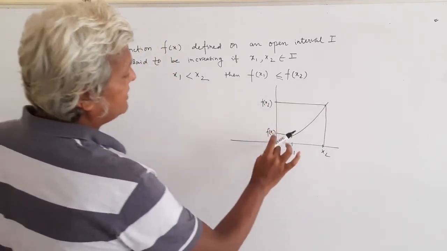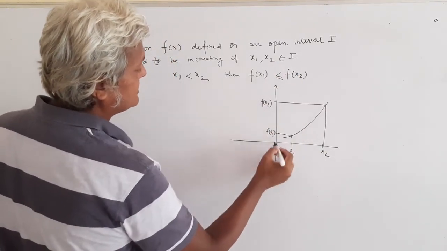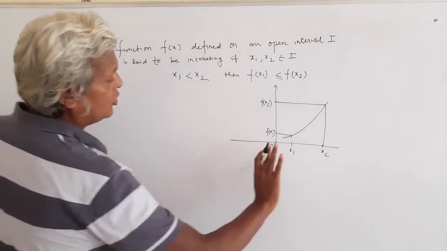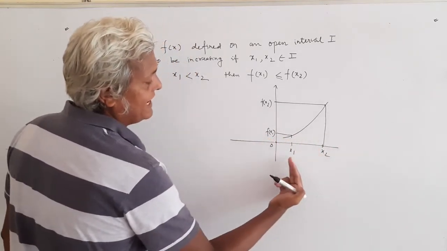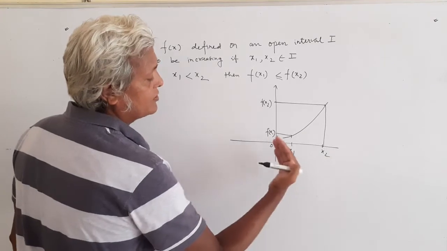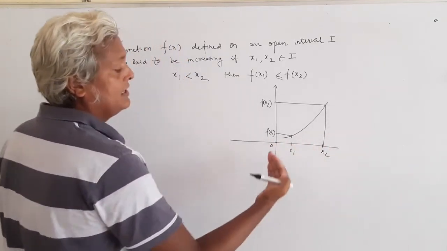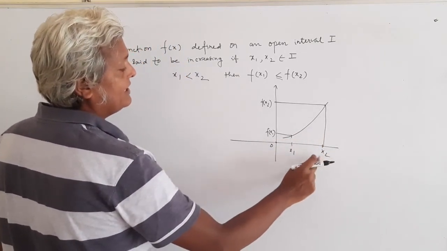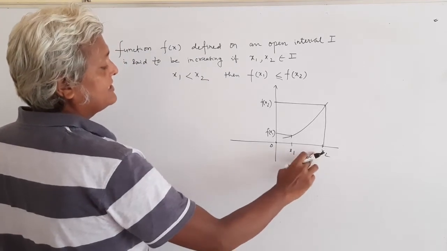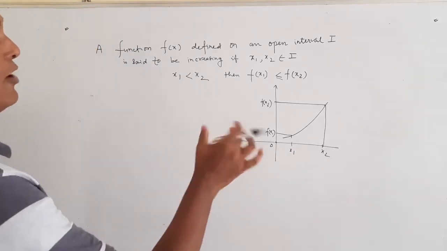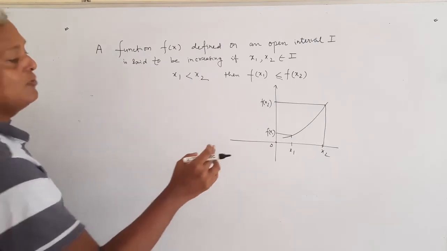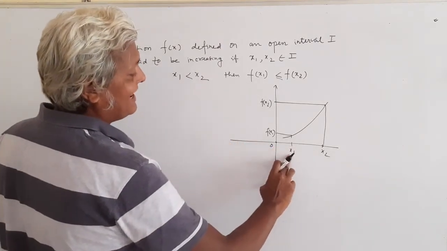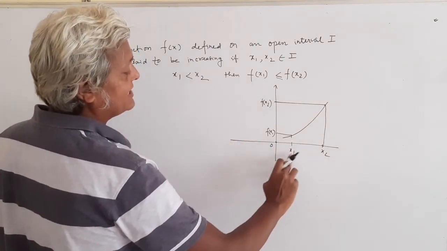So we know that when we are going up on the y-axis, this is our origin. So on the right hand side, when you are going, it means x1 is lesser than x2, because this is an increasing line. Every point here is greater than the point on its left and smaller than the point on its right. So x1 is lesser than x2 and x2 is greater than x1.